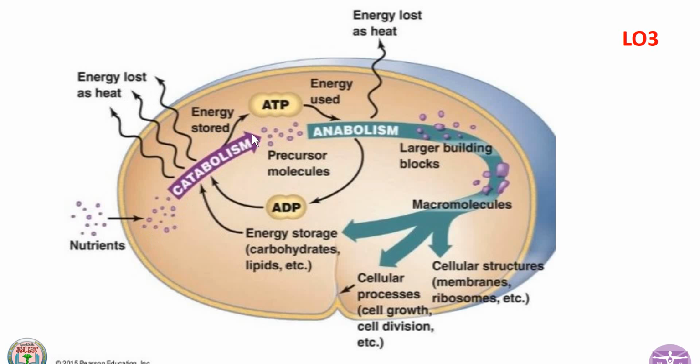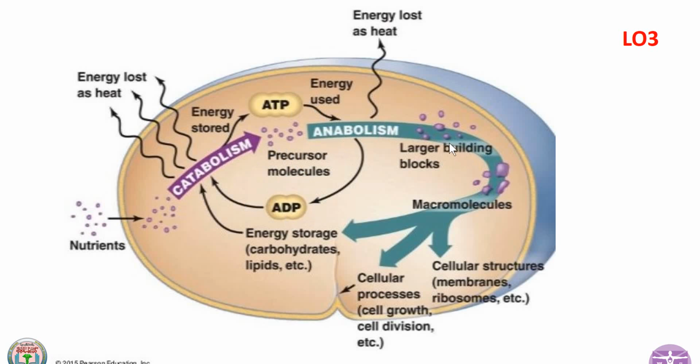And when there is a catabolism of the nutrient, precursors will develop from this process. These precursors will enter into anabolic pathways, and during these anabolic pathways there will be consumption of energy in the form of ATP, which is converted to ADP.